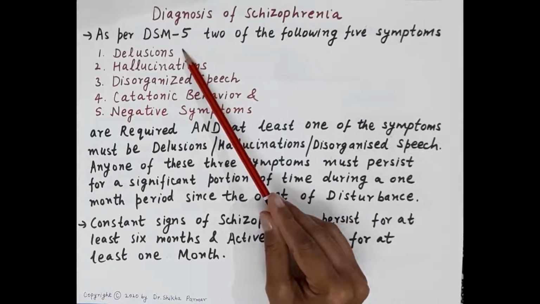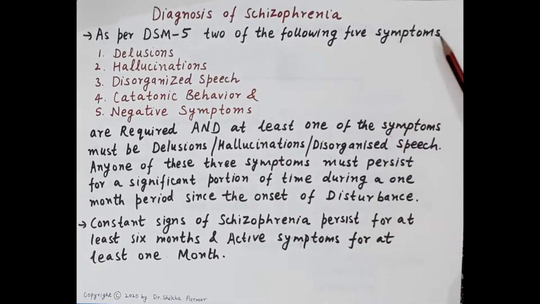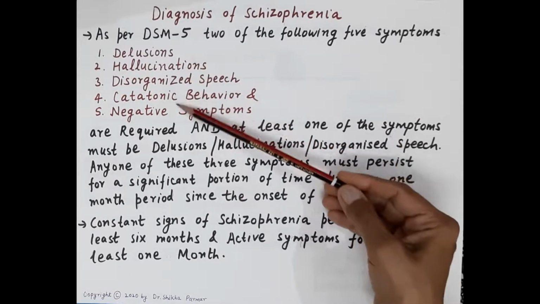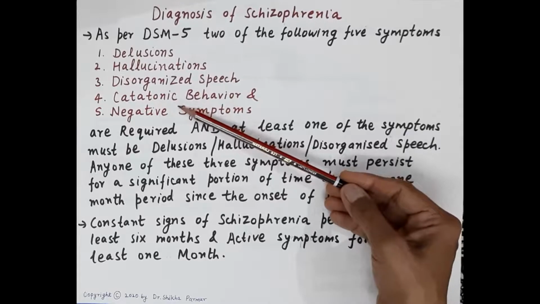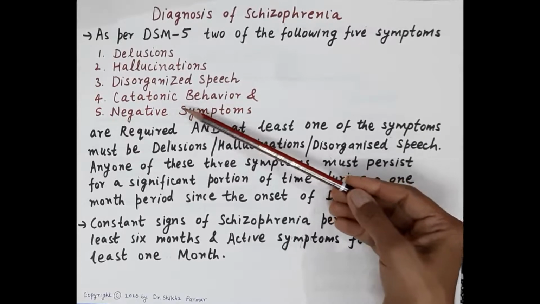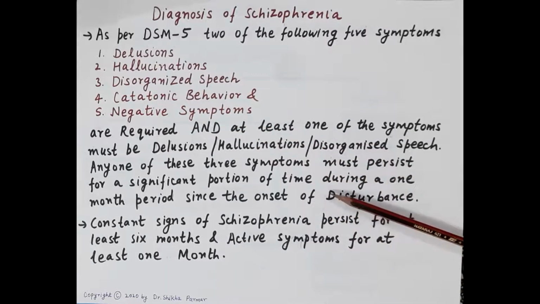Now, as per the DSM-5, that is the Diagnostic and Statistical Manual of Mental Disorders, 5th edition, 2 of the following 5 symptoms must persist for a significant portion of time during a 1-month period since the onset of disturbance.